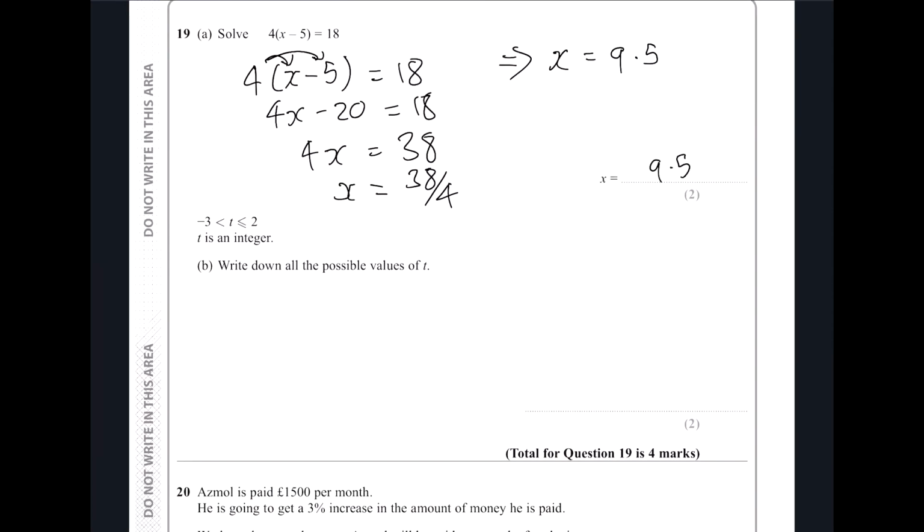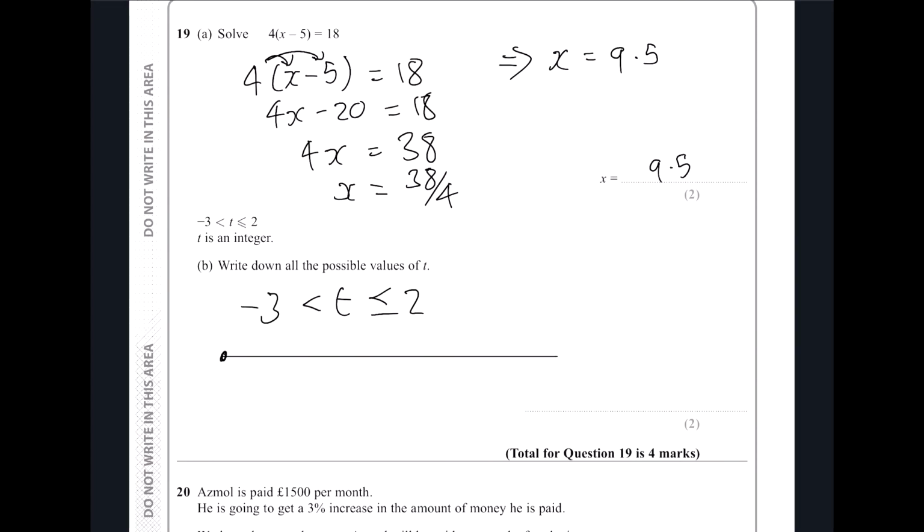So write all the possible values for t given this. Well, if this is what we have, then t is bigger than minus 3 and t has to be an integer. So the next integer up from minus 3 is minus 2.